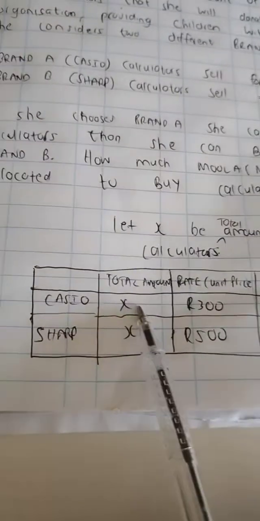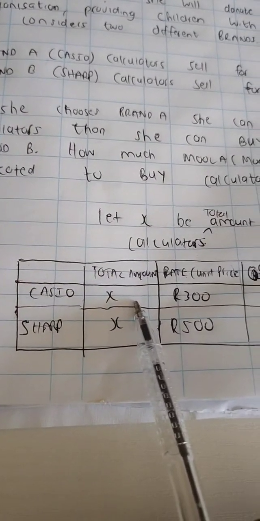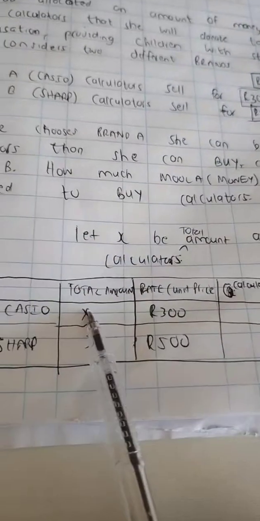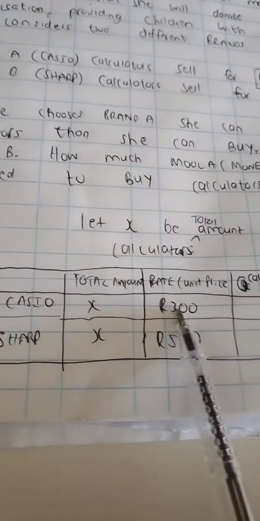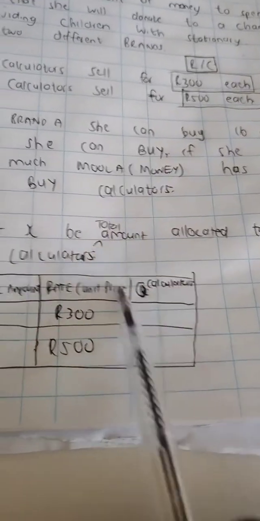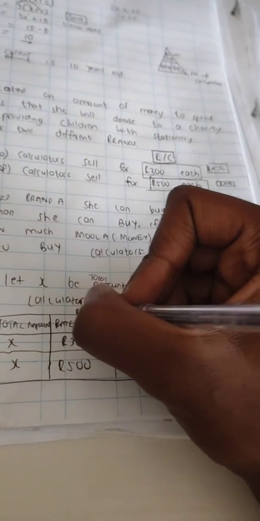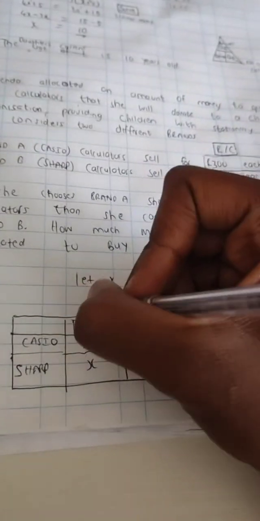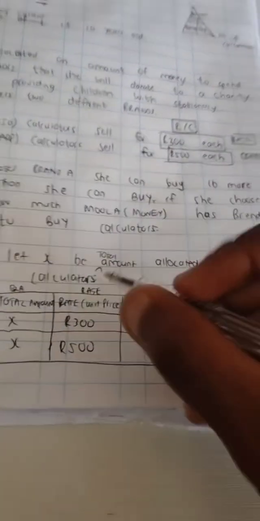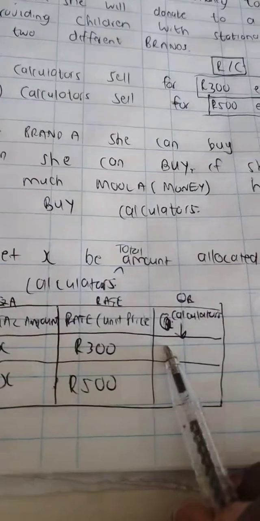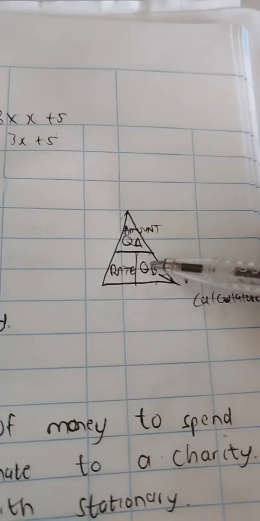But since we have the total amount in terms of X, because we let X be the total amount allocated to buy calculators, and the rate we already have for that specific calculator, remember, this is the rate, this is quantity A, and this is quantity B. So if I'm going to represent quantity B, what is quantity B?